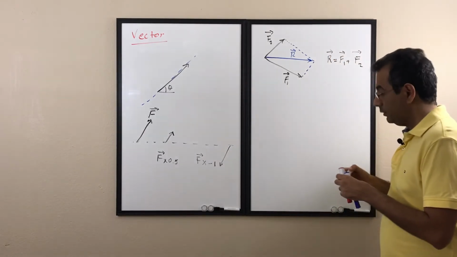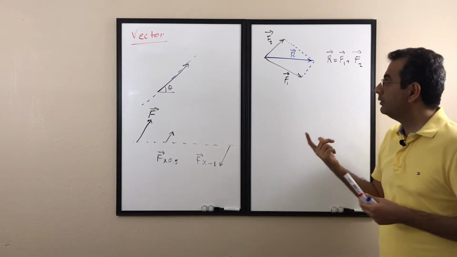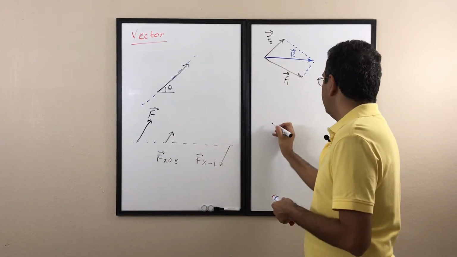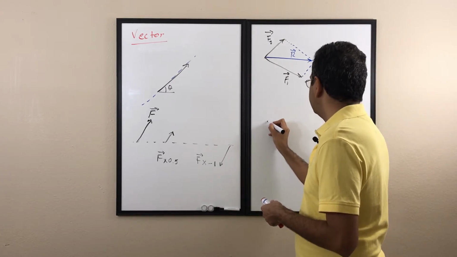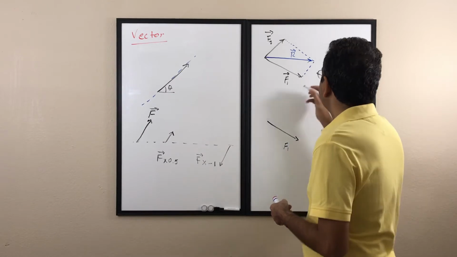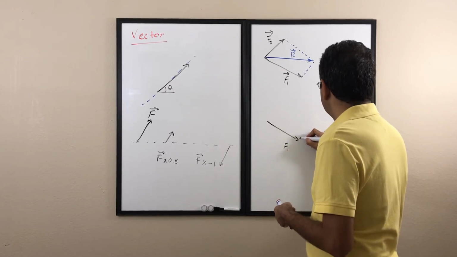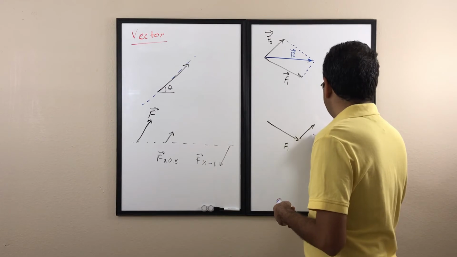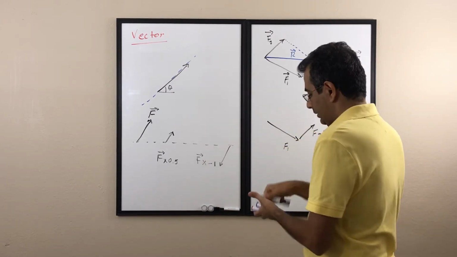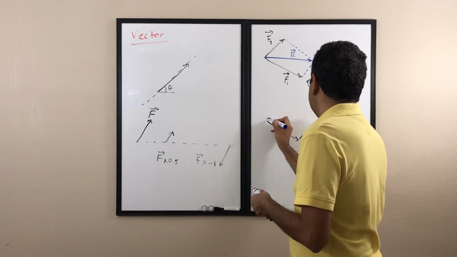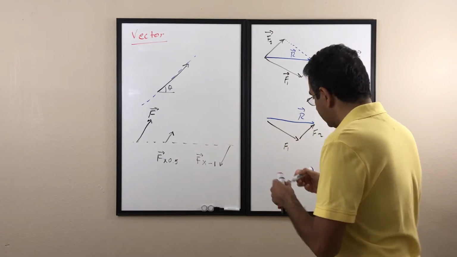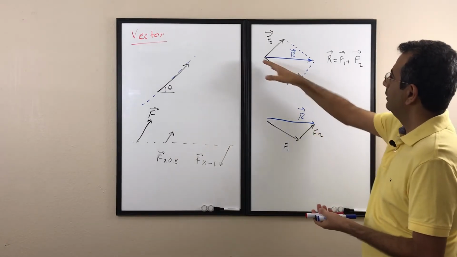So if we add them together, the other way of doing that, again, assume I have these two vectors and want to add them, I'm going to put them in a triangle. So assume this is F1, and then I put F2 here, and then I connect the start to the end, and that's going to be R. So it's the very same thing, just two methods of doing that.